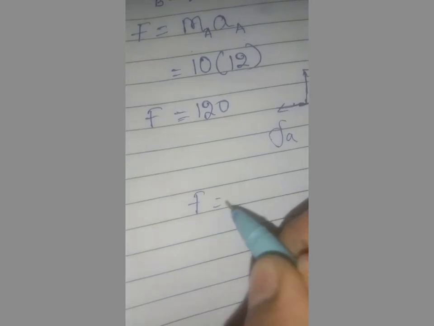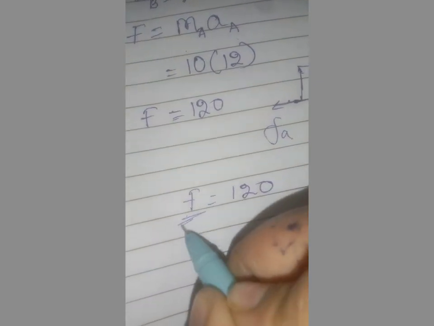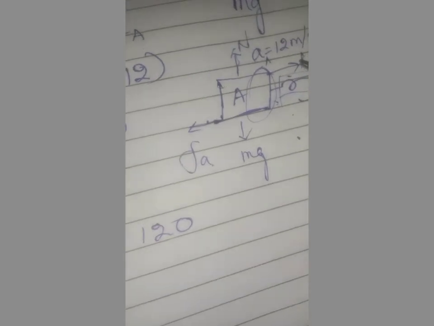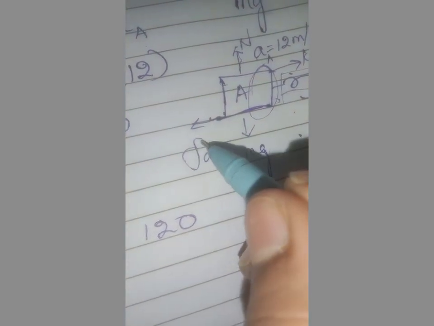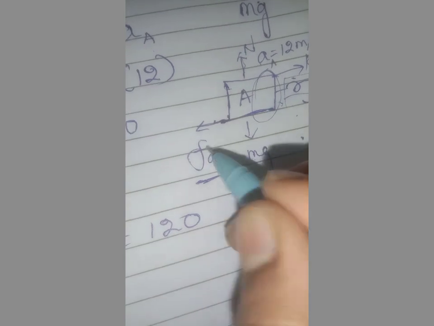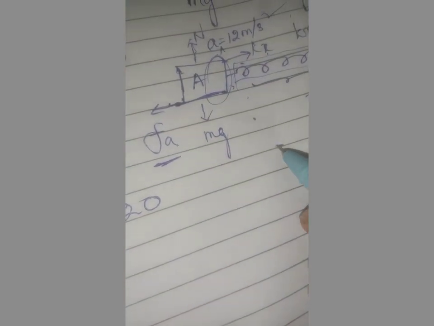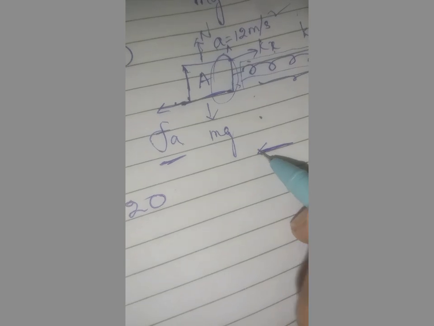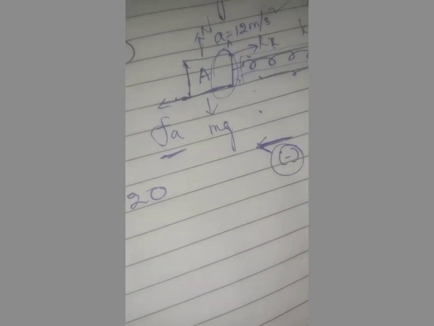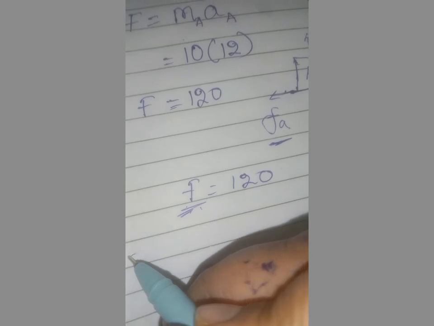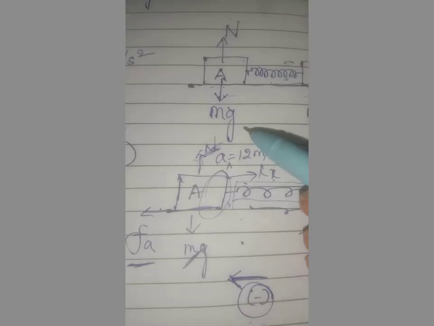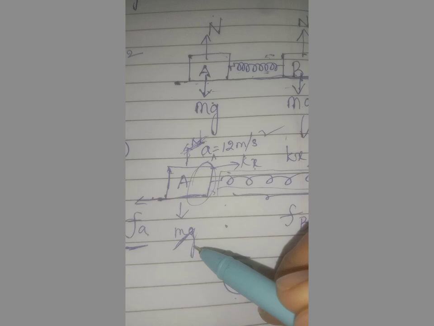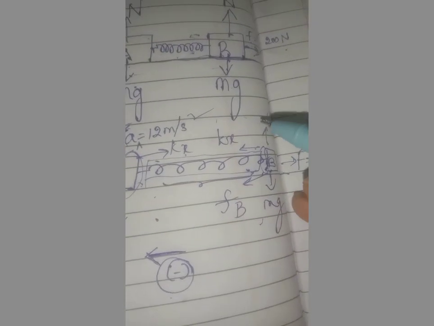I'll write here. Now I'll be adding all the forces. Let me start from here: Fa. Whenever a force is acting backwards, it always gets a minus sign. So minus Fa. And here N, which is equal to mg, so both get cancelled, and we don't include the normal force and mg, the gravitational force.